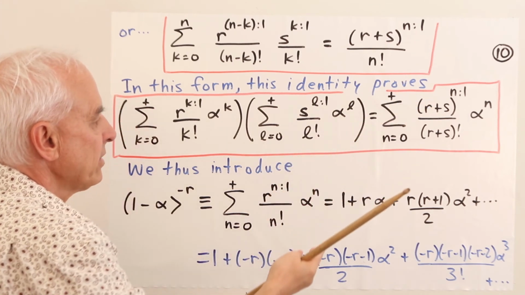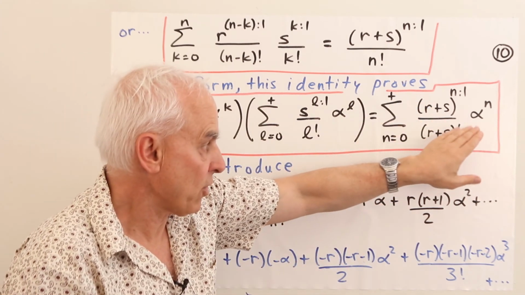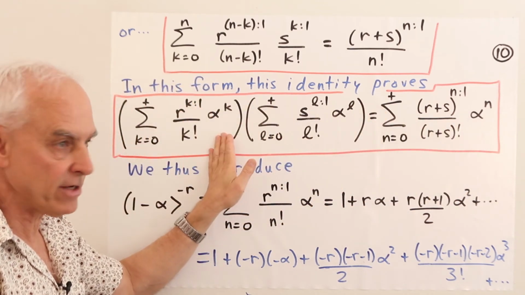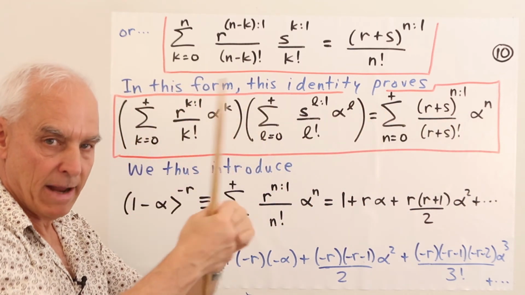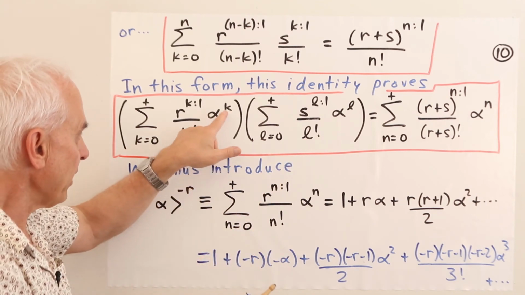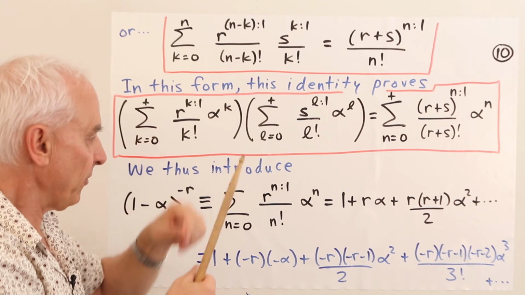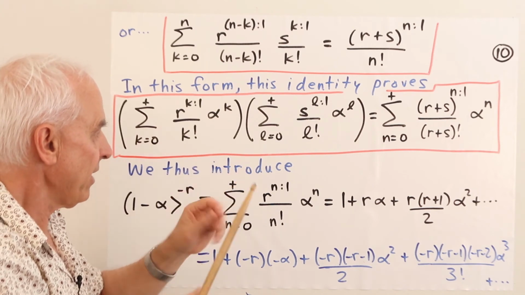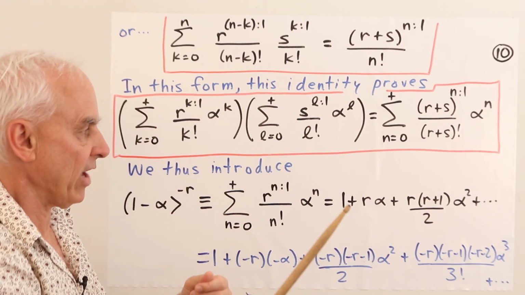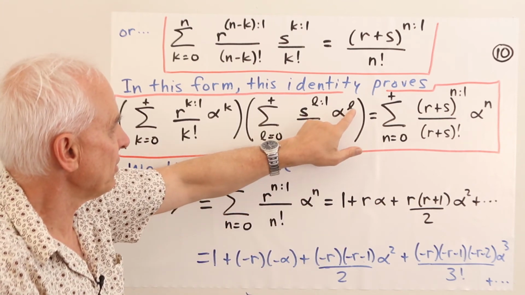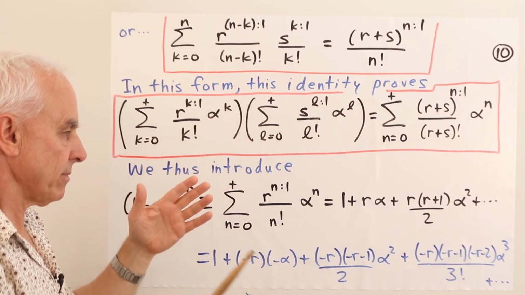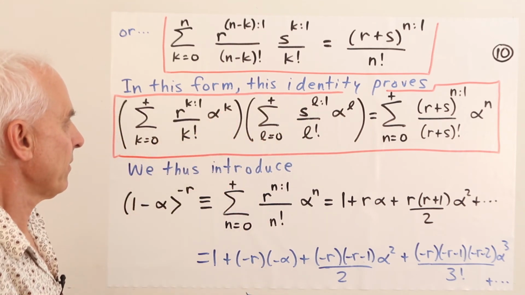If we want to prove it, we'd have to compare the coefficient of alpha to the n on this side and the coefficient of alpha to the n on this side. Over here we're getting alpha to the n in a number of ways, in fact n plus 1 ways. We can multiply any value of k from 0 to n, but the l has to be the corresponding n minus k. Or maybe it's easier to think of l as being k and k as being n minus l, or n minus k.